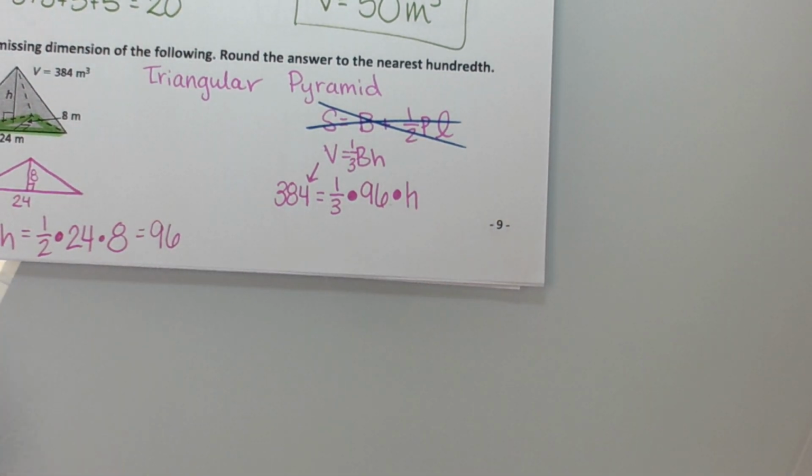How do I solve such an equation? What should I do first? The third 96. 1/3 times 96. Be careful. Make sure you're doing the correct operation.